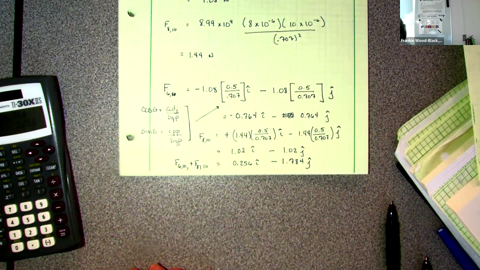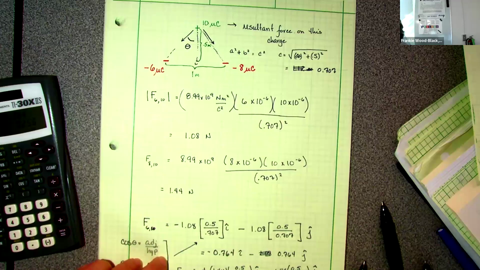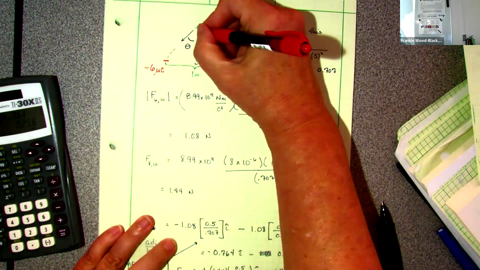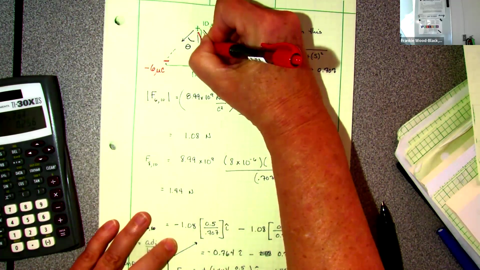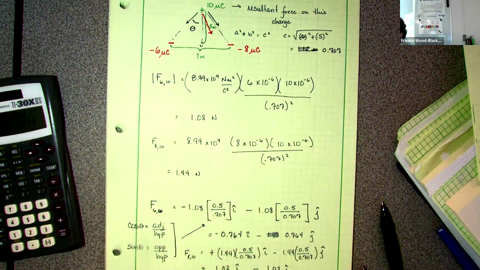And then we can use our normal ways to calculate the overall magnitude and direction. But if we look at this, our resultant vector is going to be more to this direction than it would be to that one.